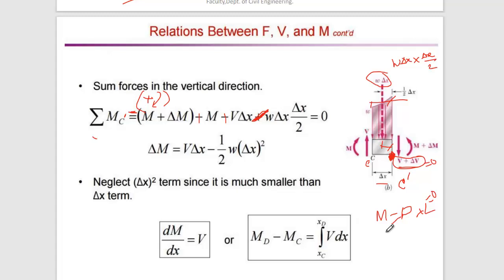There is a thumb finger rule to find out clockwise and anti-clockwise rotation. At the point where you are calculating the moment, put your thumb there. You can use either hand. Then push according to the direction of the force. If you put the force of V, it rotates clockwise.